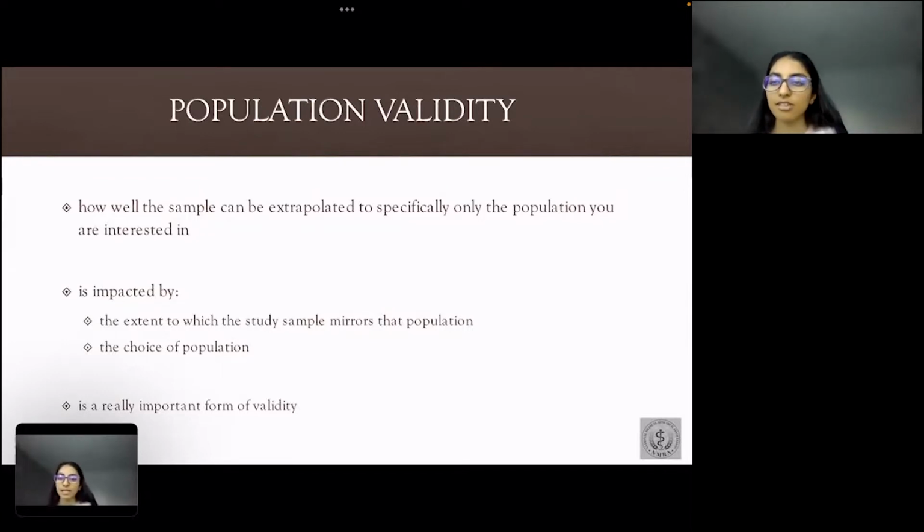This is usually done as a result of convenience, because we have to remember that there are often lots of barriers within research, and if convenience can help, it may result in the study actually being conducted as opposed to not being conducted at all. However, as you may have guessed, this does have a higher risk of sampling bias.